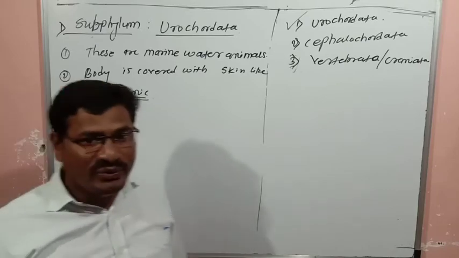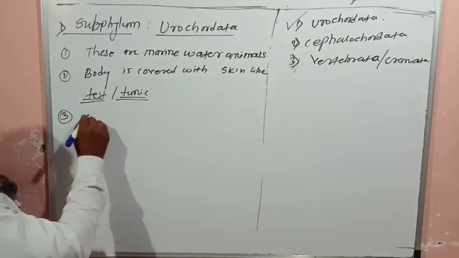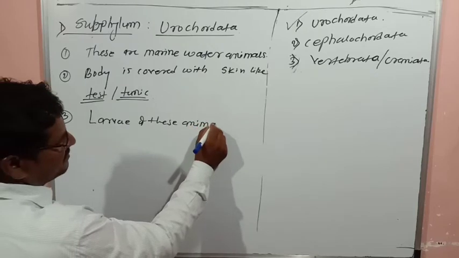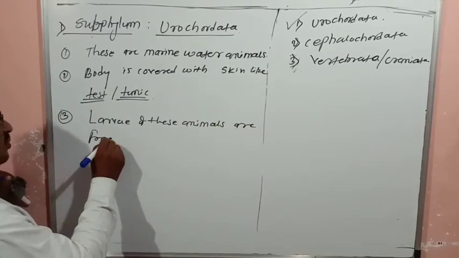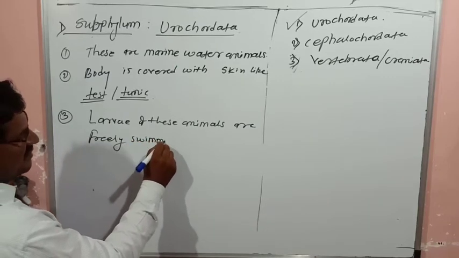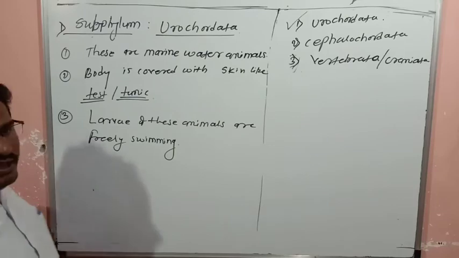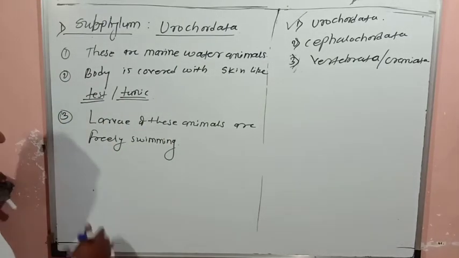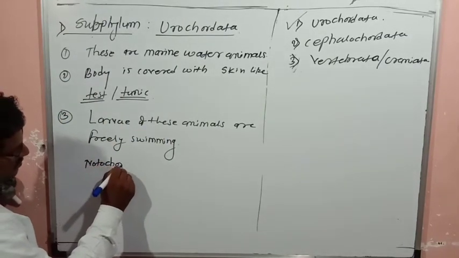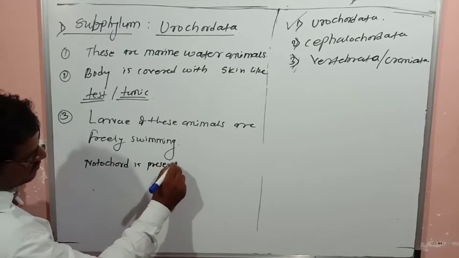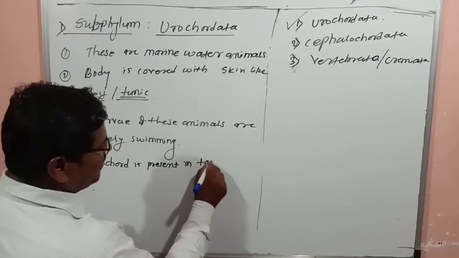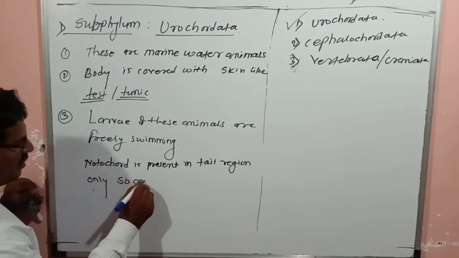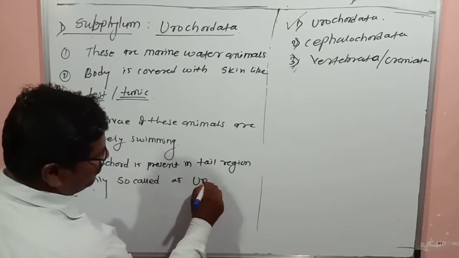Third characteristic is the larvae. Larvae of these animals are freely swimming, and notochord is present in the tail region only, so it is called Chordata.